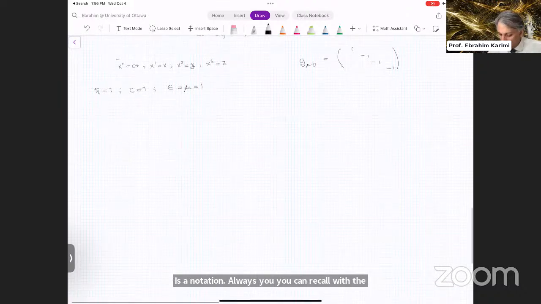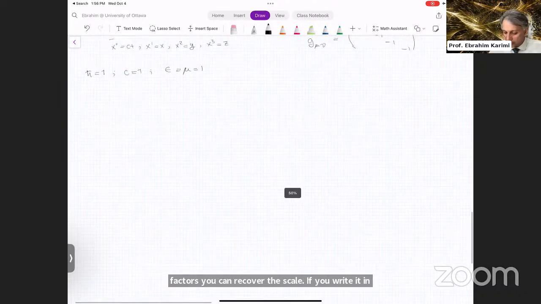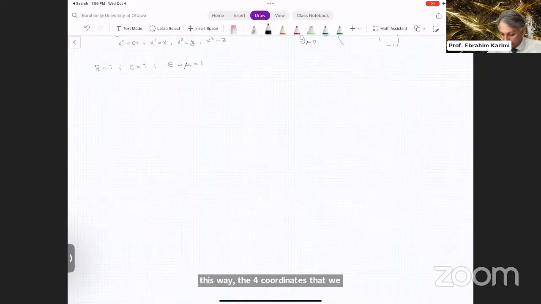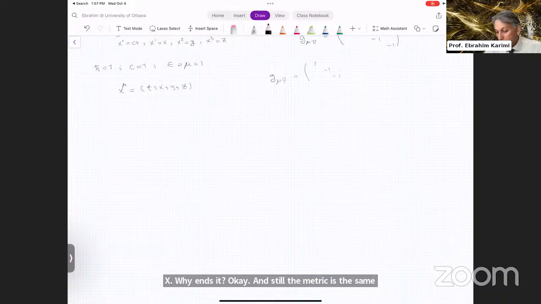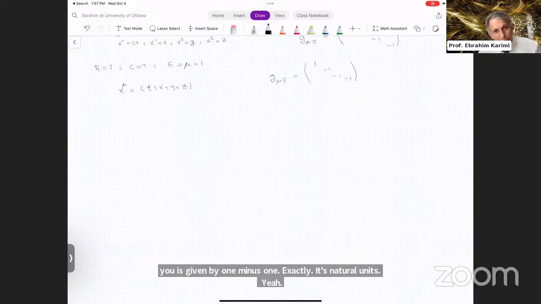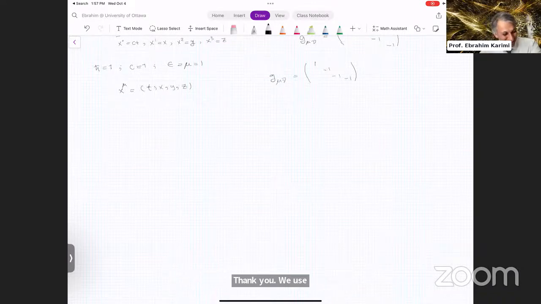If you write it in this way, the 4 coordinates x0, x1, x2, x3, which we call x mu, will be given by t, x, y, and z, and the metric is still the same: g mu nu is 1, minus 1, minus 1, minus 1. Exactly, it's natural units. We use it a lot in GR. So far so good, right?